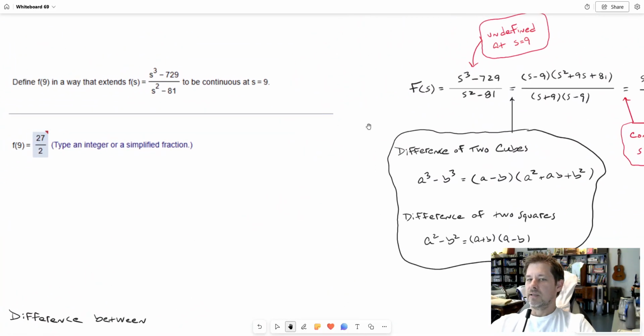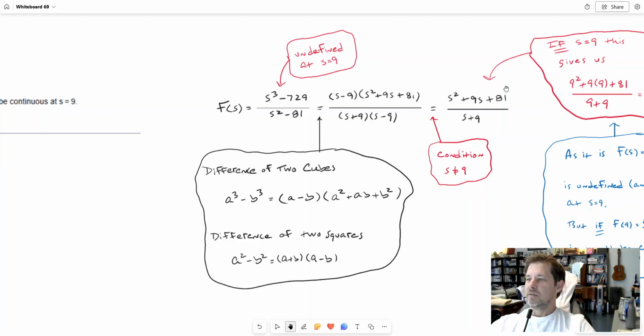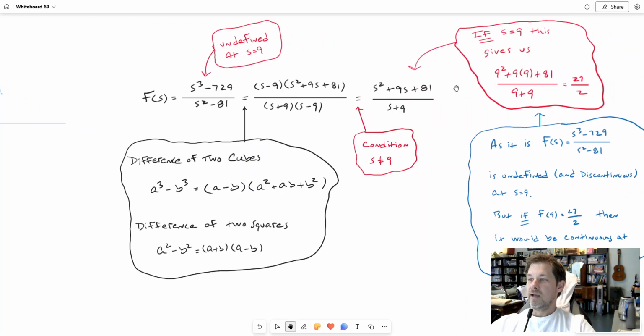So let's study it like this. Let's say this, kind of like in my first example, would reduce to something else a little simpler that is defined at 9, and whatever that simpler form gives me is what this original needs to be.